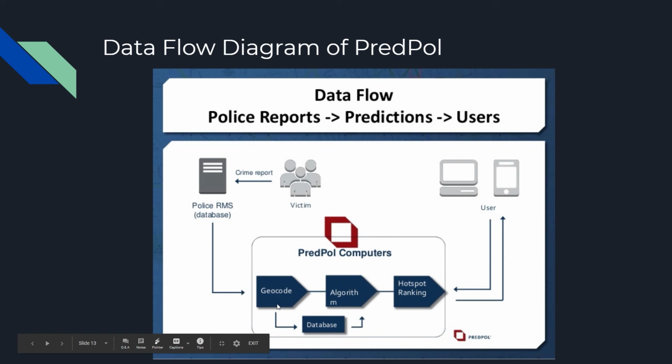The PredPol servers decode the geographical information from the report and map it out on a map, and use the algorithm and the previous database that it already has to create a heat map and a hotspot-based map to show where crimes might occur in future, and this is then shown to the police in a nice heat map sort of way.